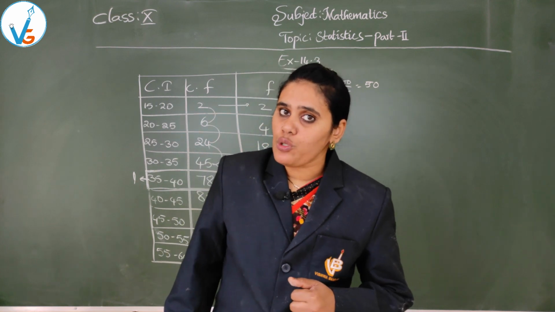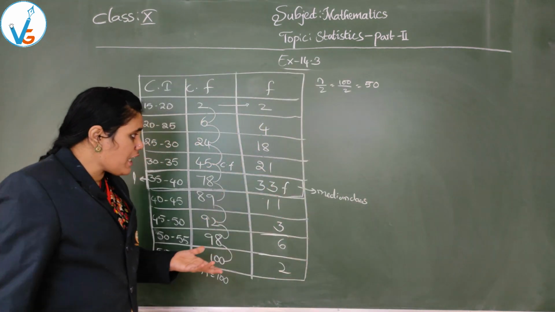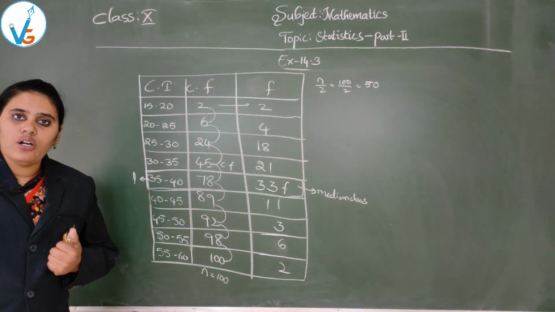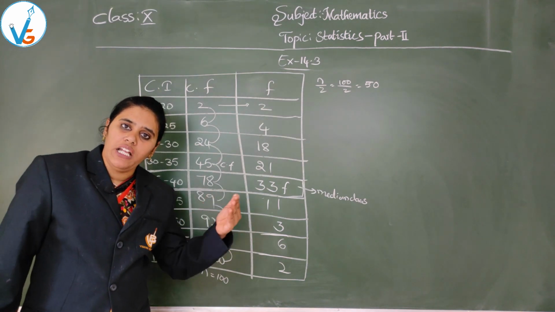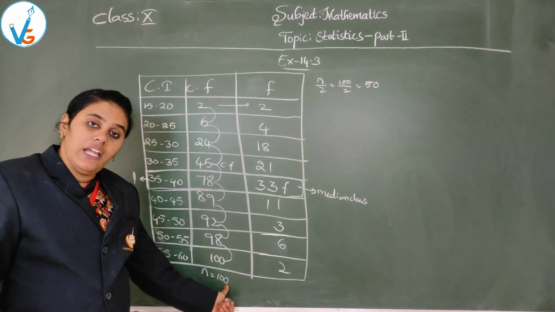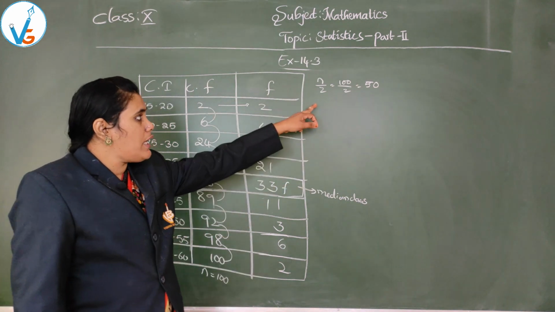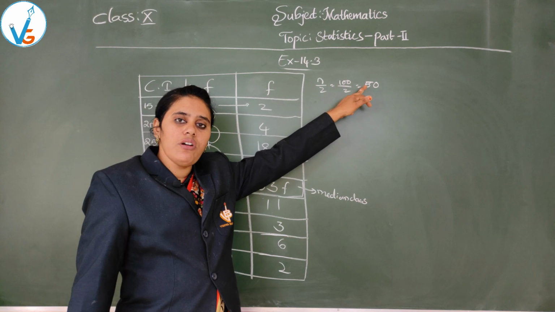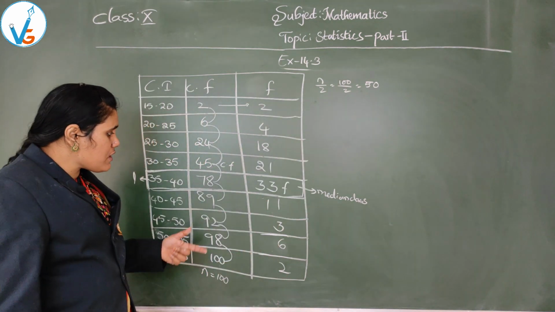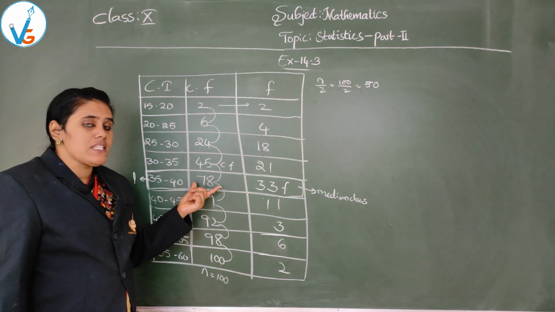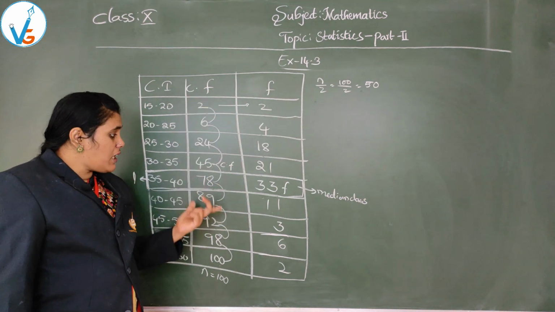Now, what we have to do? We have to find out our median class. So, how we will find out our median class? Depending upon the value of n. So, here what is our n? N is given as 100. So, n by 2 is equals to 100 by 2, which is equals to 50. In our cumulative frequency, you have to check where is the 50. This is our cumulative frequency.